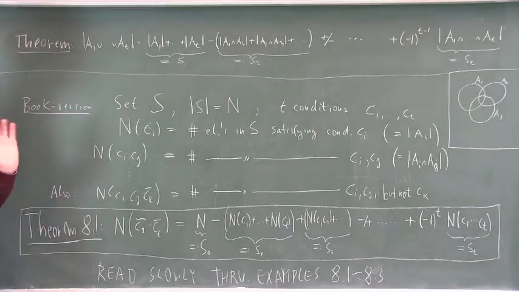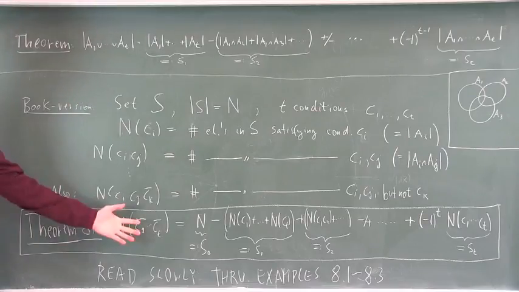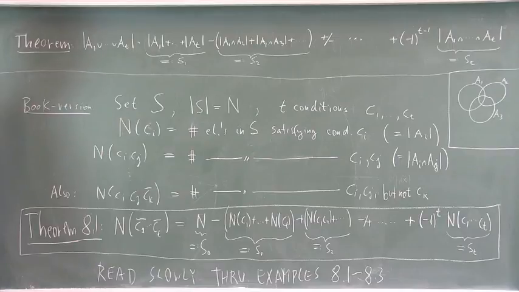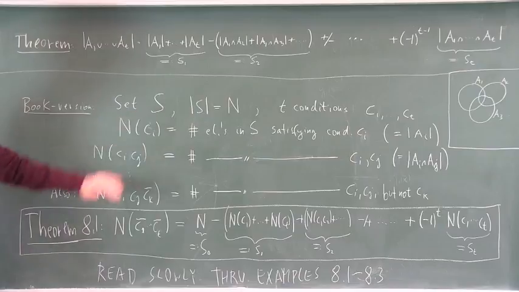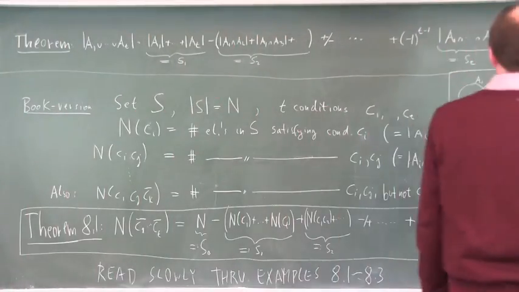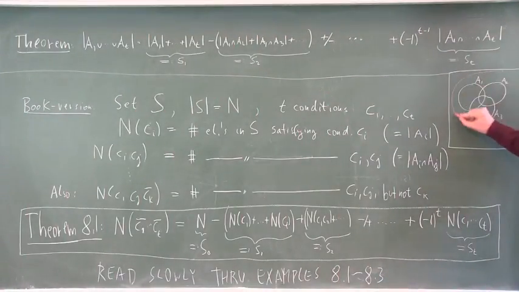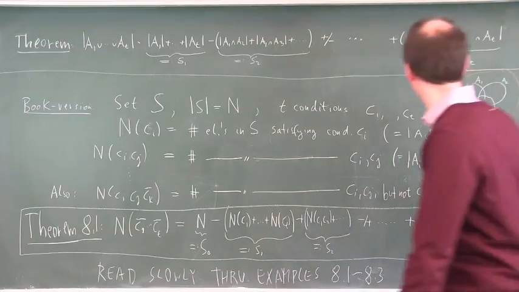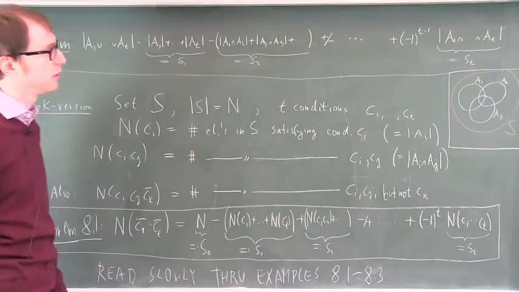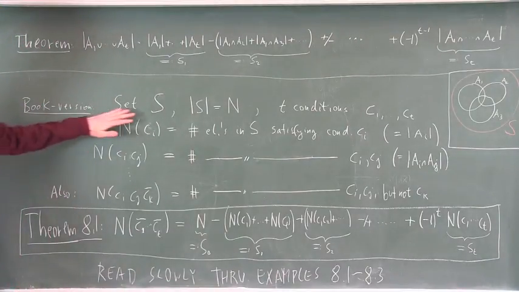In the book, this is done a little bit differently. Well, not really differently, but there's a certain notation there, and I wrote it all down here. So let's go slowly through this. The book talks about the set S. This is the set where these subsets live in. You should think about it as a big set S where all the elements lie in.